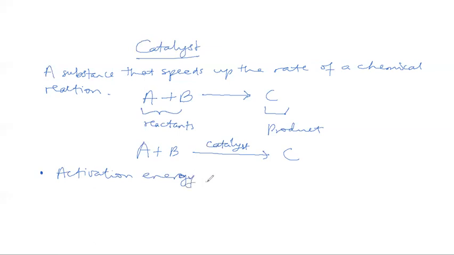Now the reactants have to have enough energy within them. Remember, there are electrons that are involved in chemical reaction. So they need to be activated. They need a certain minimum amount of energy to be able to form a reaction, right? They collide with each other before they can react to form the products.